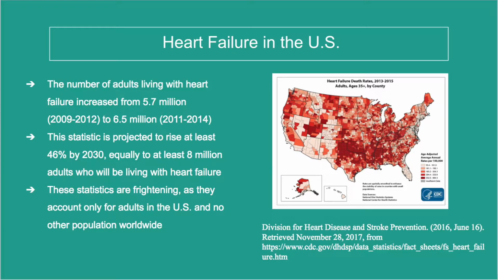This statistic is projected to rise at least 46% by 2030, equaling at least 8 million adults living with heart failure. These statistics are frightening, as they account for only the adults in the U.S. and no other population worldwide. And you will see the map of the U.S. and its death rates by state and county.